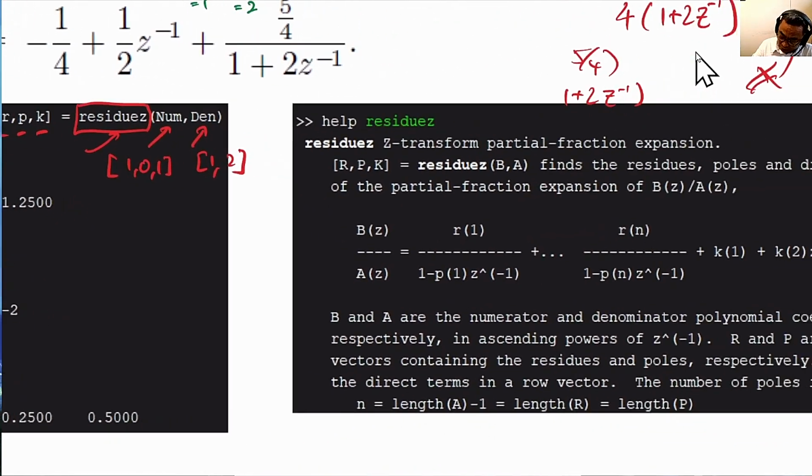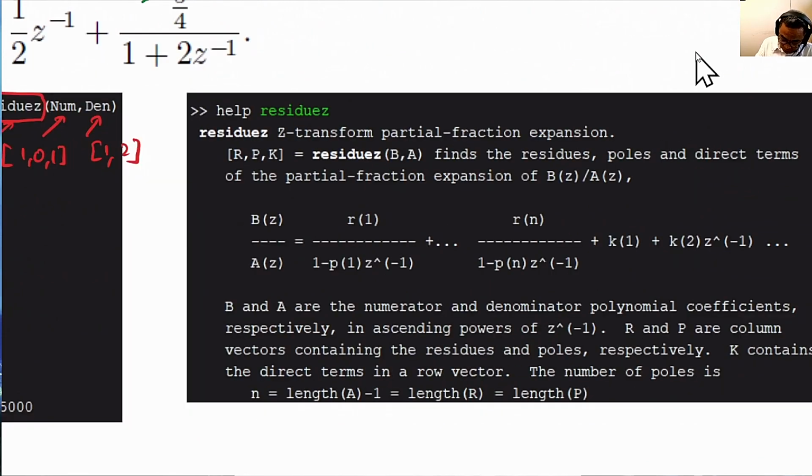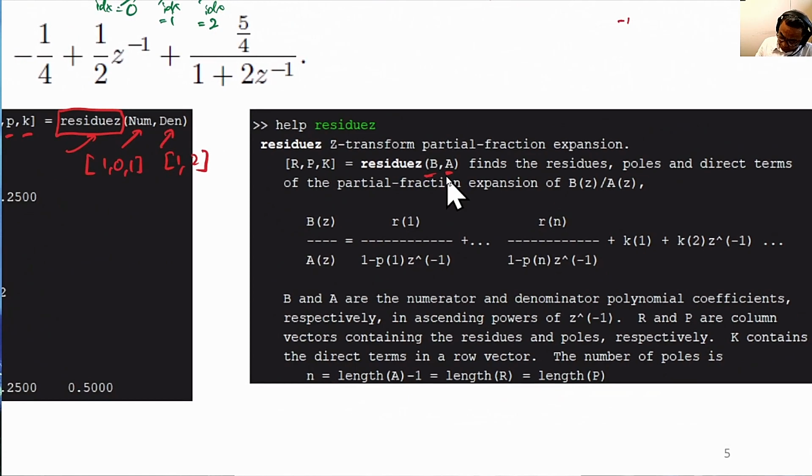Okay, so let's read. In the residuez, this is what it says. First, I express it as some b over a, where b and a are vectors representing the terms in the polynomial, and this polynomial must be in ascending powers of z minus 1.